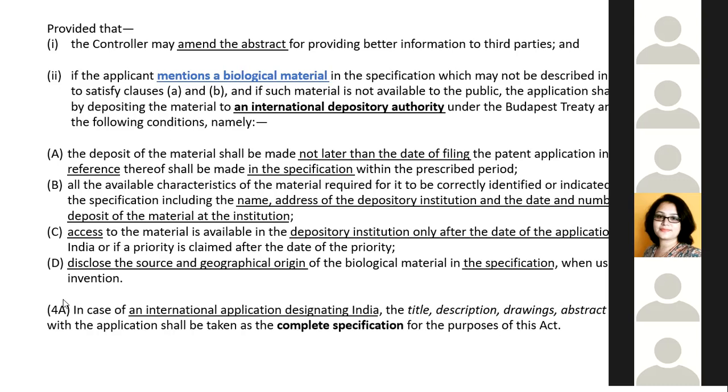Right. Now, moving towards the 4A. In case of an international application designating India, the title, description, drawing, abstract, and claims filed with the application shall be taken as the complete specification for the purpose of this Act. इंटरनेशनल एप्लीकेशन में ये सारी चीजें मेंशन होंगी और वो कंप्लीट स्पेसिफिकेशन की तरह ट्रीट होगा.